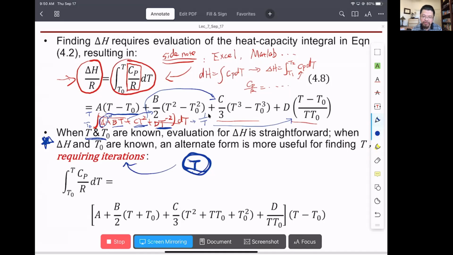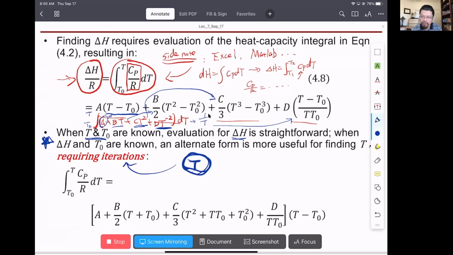So the problem statement here says, if I know the initial and the final temperature, and of course I know the substance of interest, meaning I know A, B, C, D, those coefficients, then evaluating the enthalpy change is straightforward in a way. We just need to run the integration or use the equation carefully.